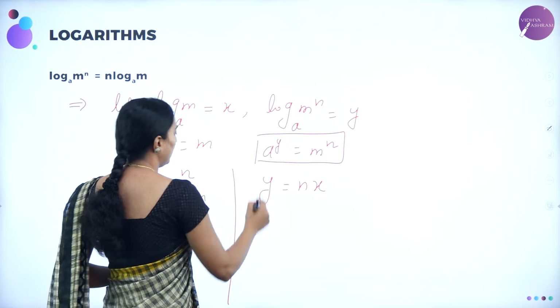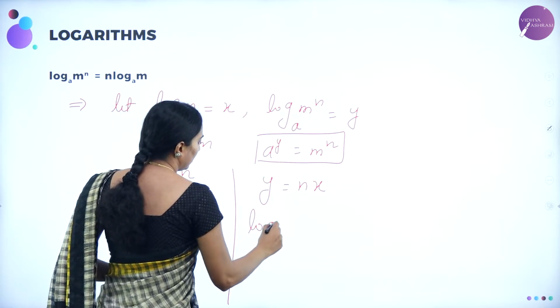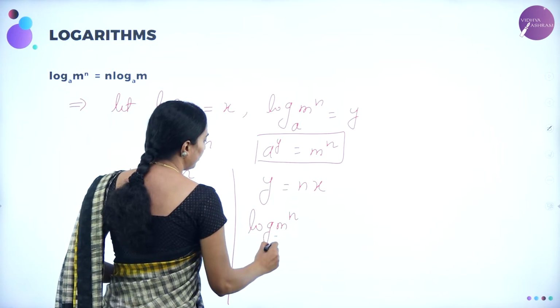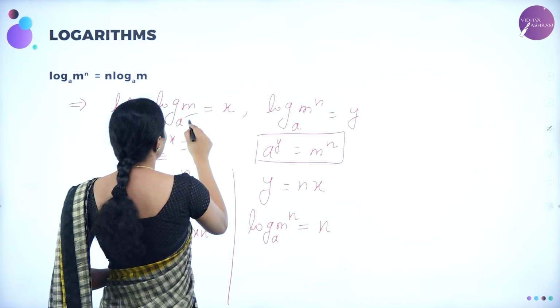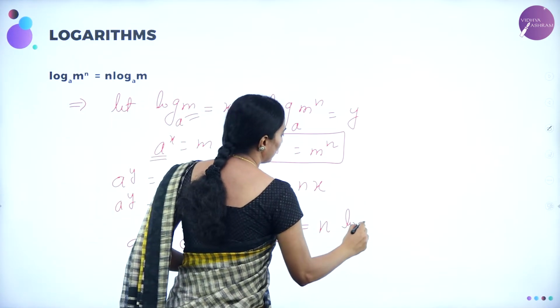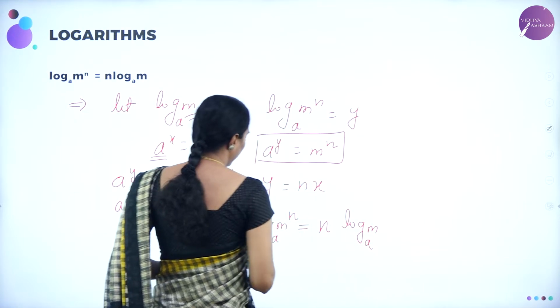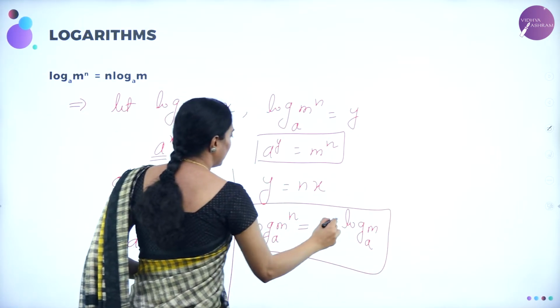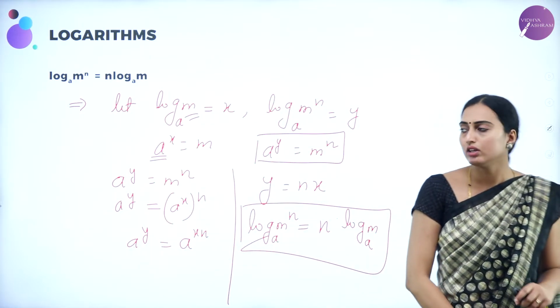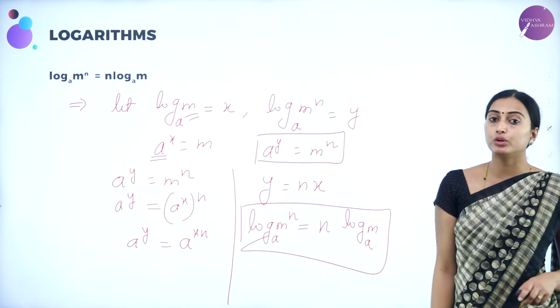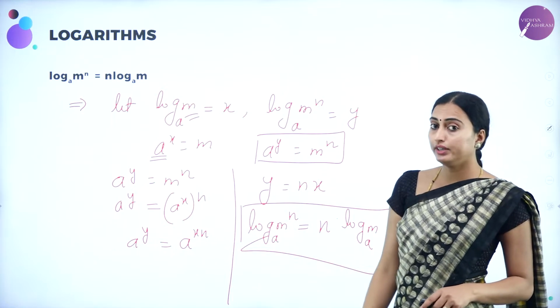Y value is nothing but log m power n to the base a, equal to n times x, where x is log m to base a. That is the proof. Any doubt do you have? N into log m to base a. Understood? So, these are all the properties we are going to use for problem solving, dears.